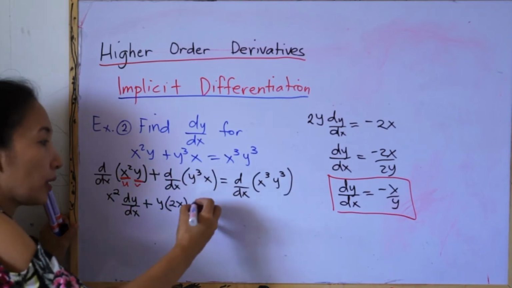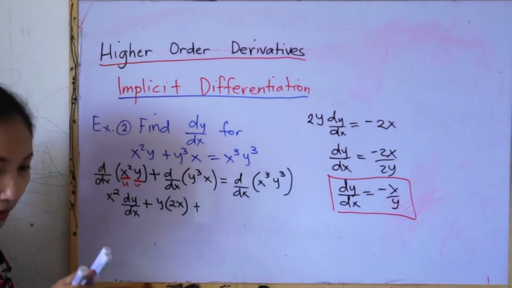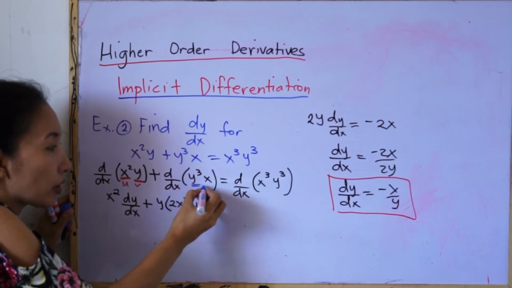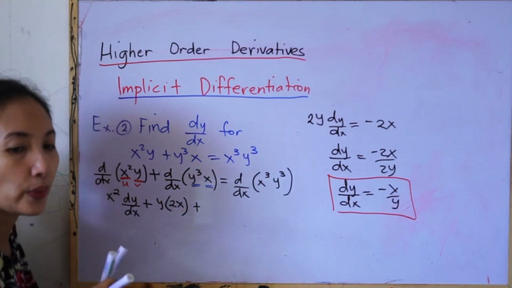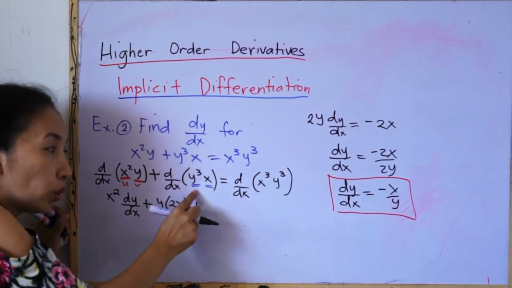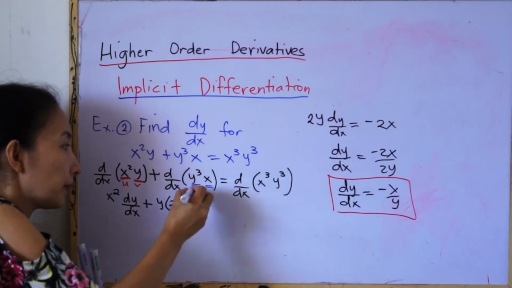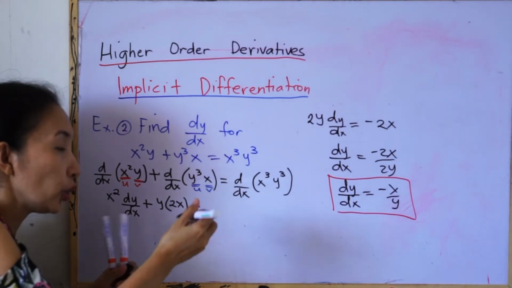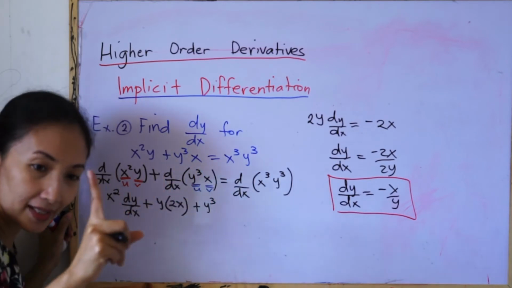Now we proceed to the second term. Plus, just the same. Your second term is also a product, UV. So we have to apply u dv, v du. Okay, here your u is y cubed and your v is x. So u dv, y cubed, derivative of x is 1.